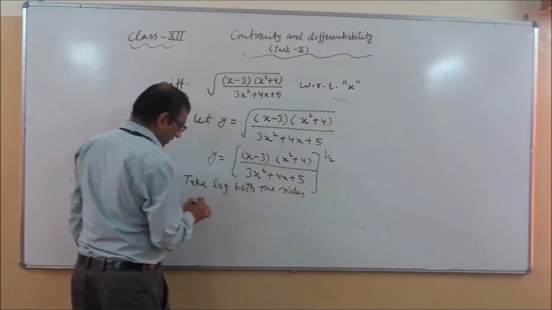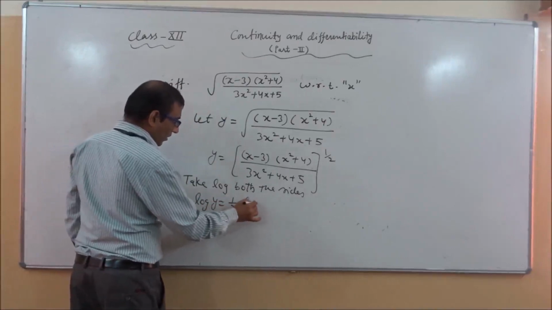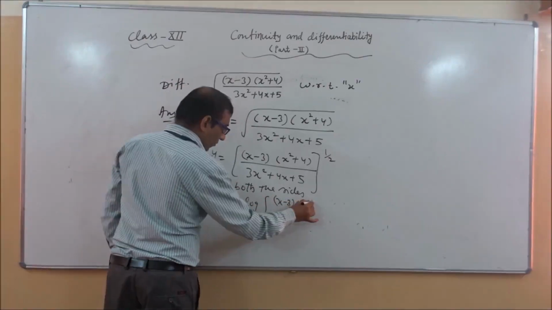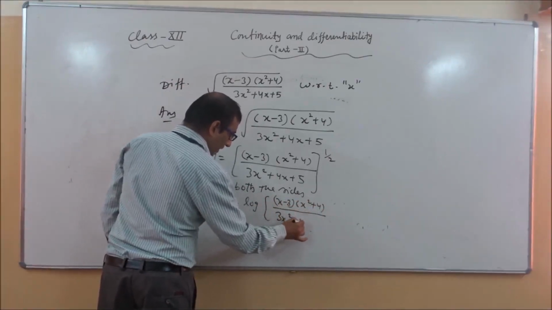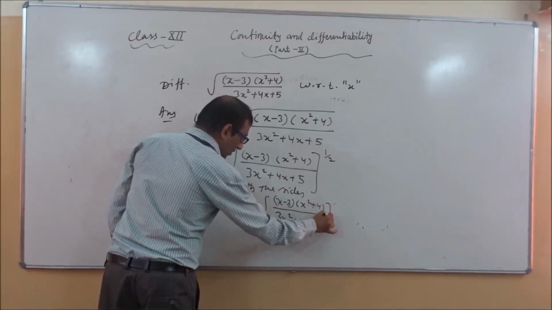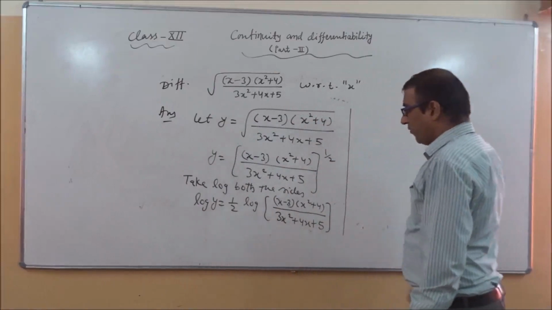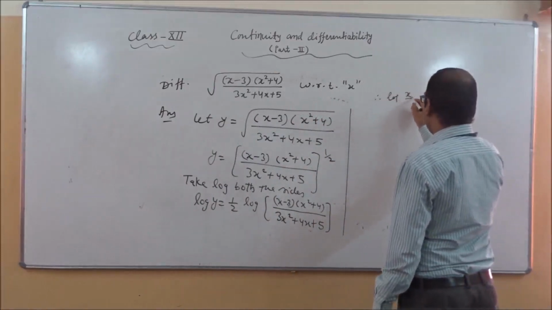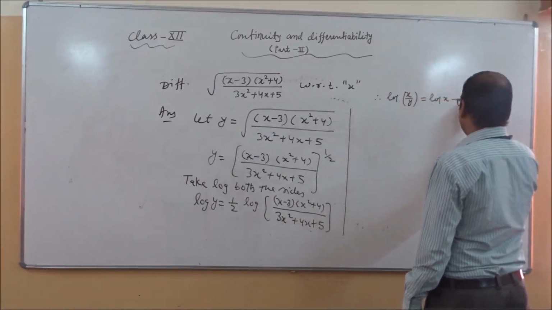So we can say log y equals half log of x minus 3 x square plus 4 upon 3x square plus 4x plus 5. Now we will continue with the properties of logarithm. As we know very well, log x upon y can be written as log x minus log y.